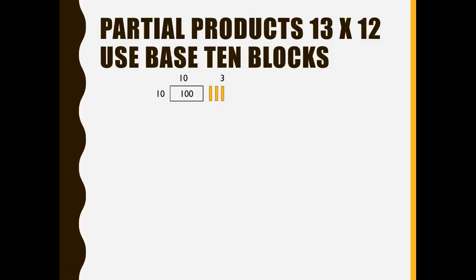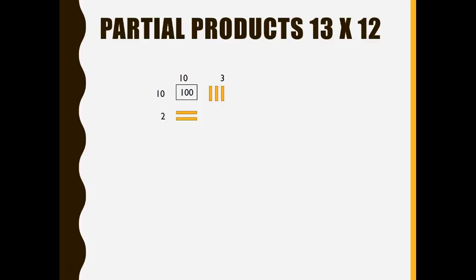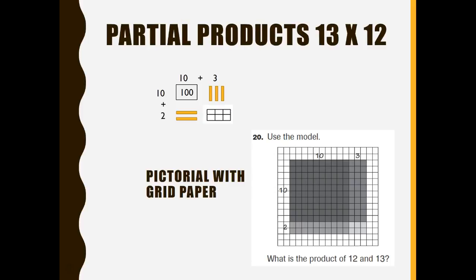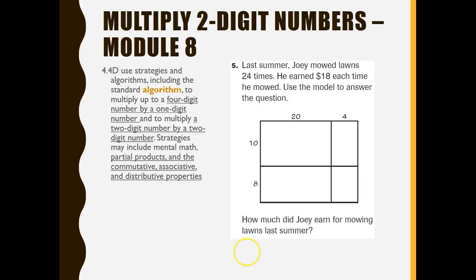Just as here we're showing 13 and multiplying it by 10, and then by the 2 in 12, giving us basically the same kind of picture as you would with the pictorial on grid paper. So make sure you use the base 10 blocks and then transition to grid paper and having the kids draw pictorials of what they're doing with base 10 blocks.